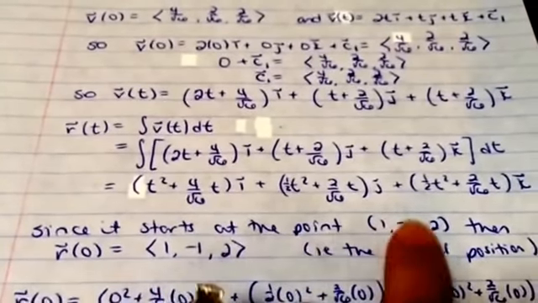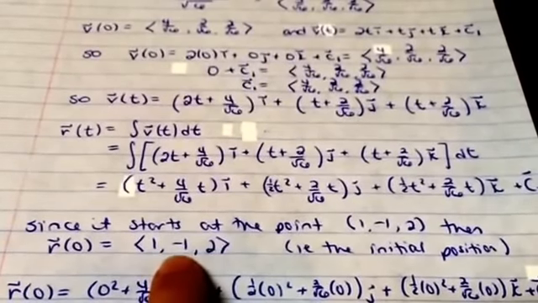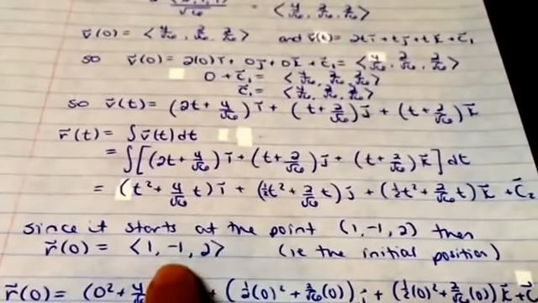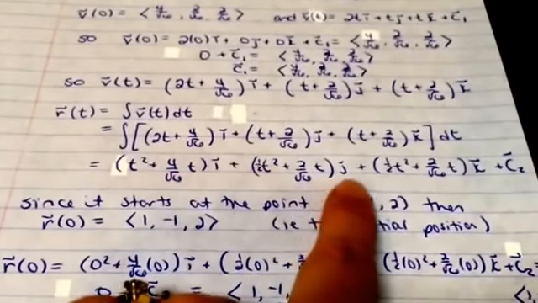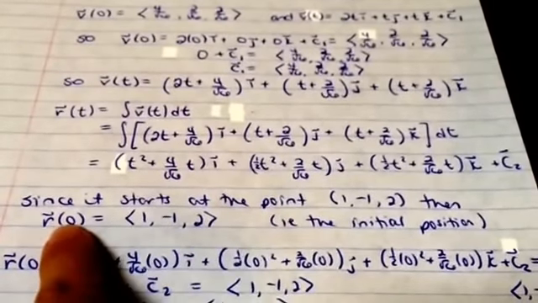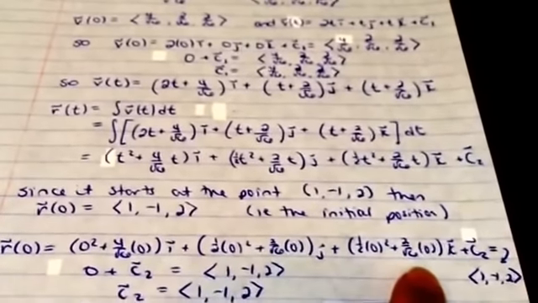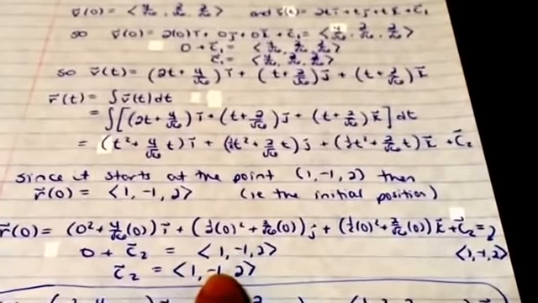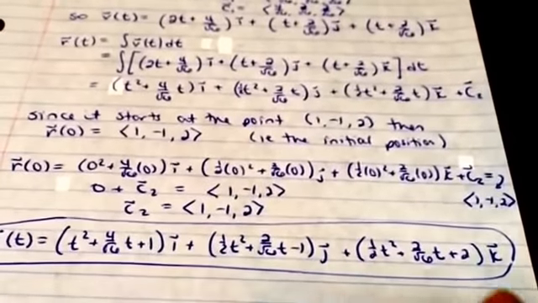And so it told me it started at this point, and so the initial position would be the vector that terminates at that point. As you know, position vector starts at the origin and terminates there. So that would be the r of 0. So here's the r, plug in 0 everywhere you have a t, and set it equal to this, so it becomes all of this. And then that would be my c2. So put this with the i, this with the j, this with the k, and I get this.